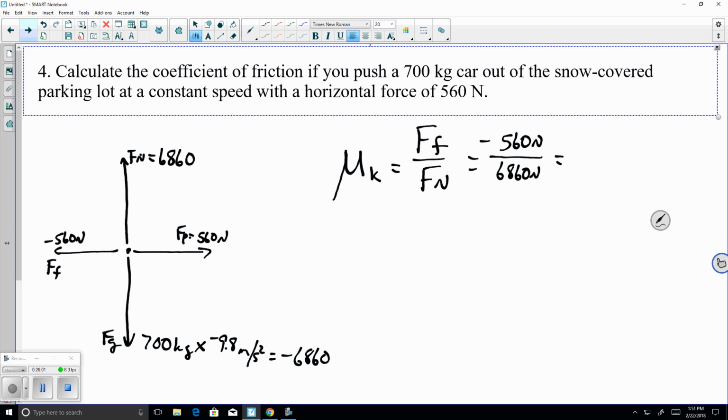If I take 560 over 6860, then I come up with 0.082. And just remember, this is a coefficient, so there's no sign, and the units cancel out, so there are no units.